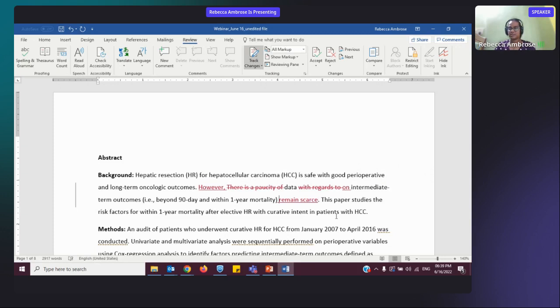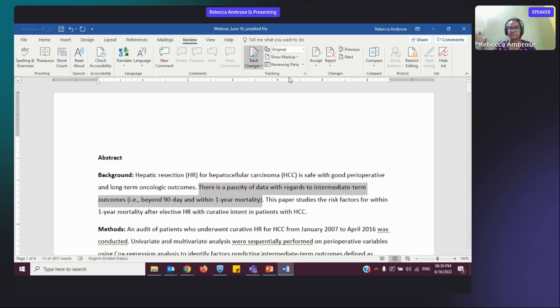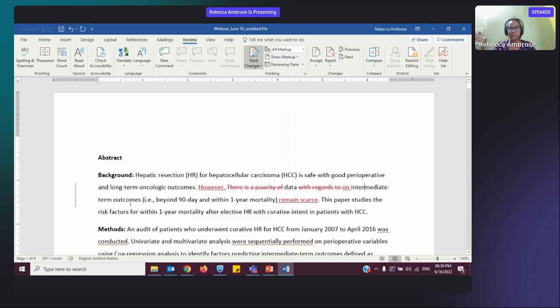Data here is remain stars. So this reduces the number of words. Like this was about 11 words, and now this is going to be 1, 2, 3, 4, 5, 6 words. So we've reduced those words, but over here we'll have to end up increasing this for readability. We'll have to end up revising this for readability.